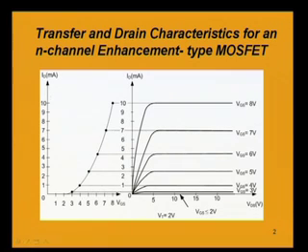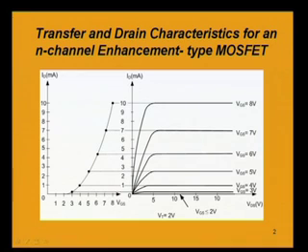The axes will be gate to source voltage, VGS in volt, and the drain current in milliampere. And we are plotting the drain characteristic for gate to source voltage from 3 volt onwards, 3, 4, 5, 6, 7, 8 volts.